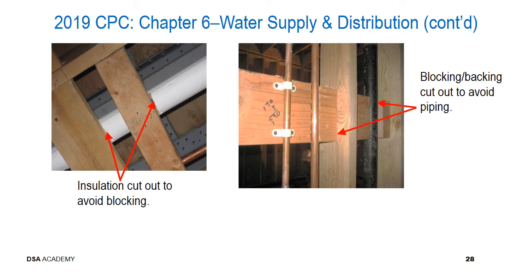The image on the right is another common occurrence. Again, it basically comes back to the issue relating to who gets to where first. So in this particular situation, you can see that there's some copper water lines that are attached to the blocking or the backing, and the blocking or the backing have been relief cut in order to make way for the plumbing pipes.